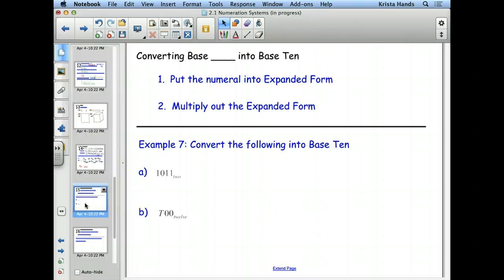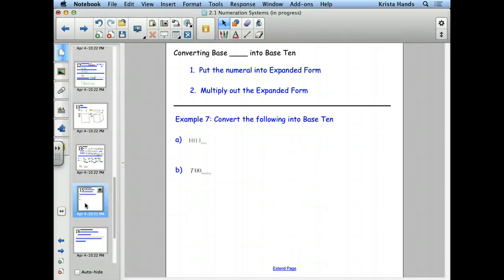So let me do an example for a moment to talk about a visual picture of what's going on when we're turning this number into something else. Let's imagine for a moment that we have the number 3, 4, 2, base 8. The picture in your mind is that you have some Ziplocs.